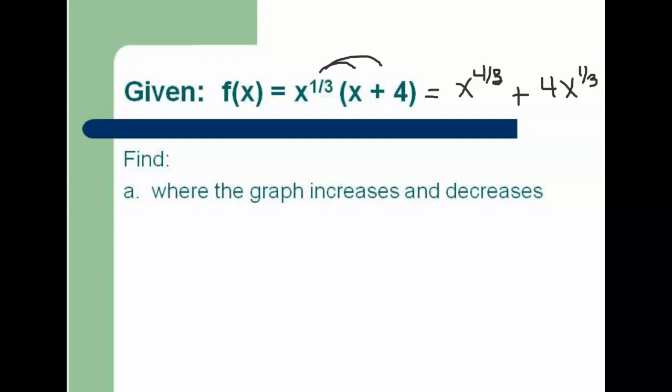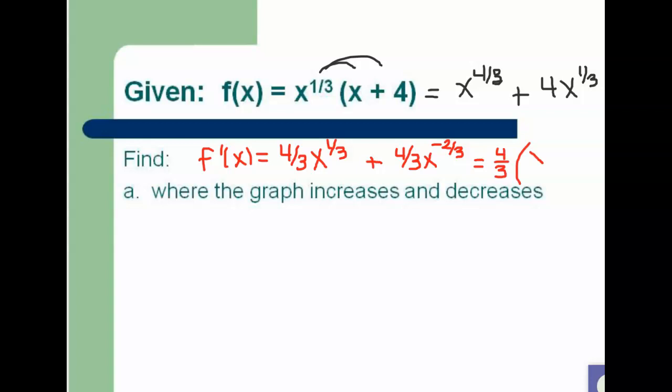And now f prime of x is 4/3 x to the 1/3 plus 4/3 x to the negative 2/3. So you can take out a GCF of 4/3, and that leaves you with x to the 1/3 plus 1 over x to the 2/3.